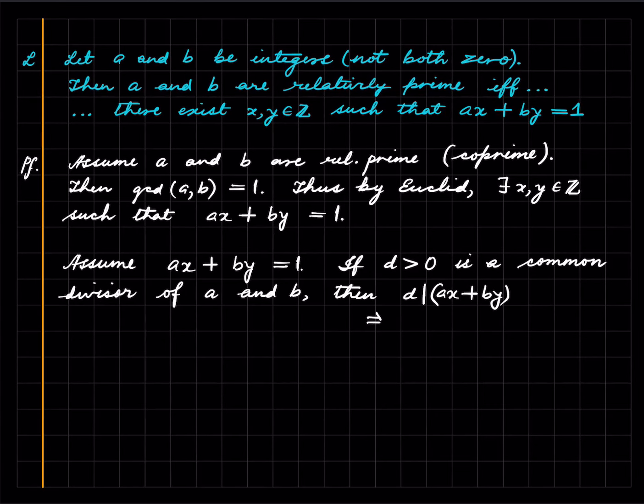This implies that d divides 1, which implies that d is equal to 1, because it is a positive number which divides 1. This means that the only positive common divisor between a and b is 1, which implies that the GCD of a and b is 1. So very simple.